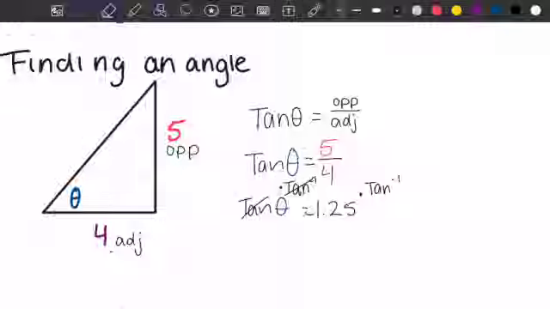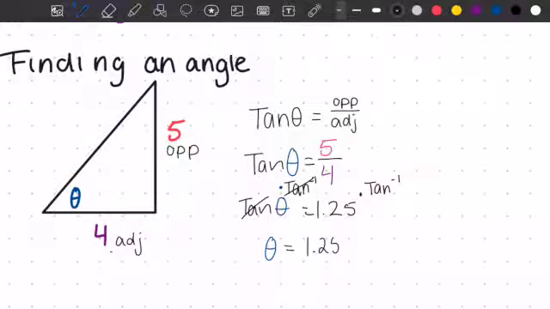And that gives us theta equals, actually, I think we have to put the tan inverse first. Sorry. Tan inverse 1.25. I don't remember if you need the brackets on your calculators.